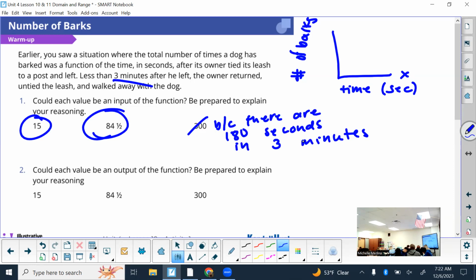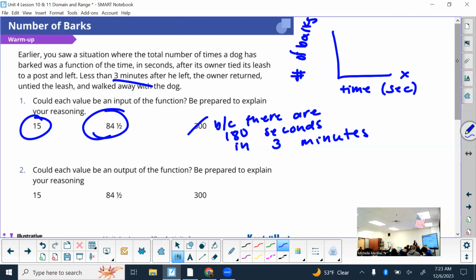Table 3, could each of those values be an output? And then if so, which ones could be an output? So let's remind ourselves, outputs are the what of a function?